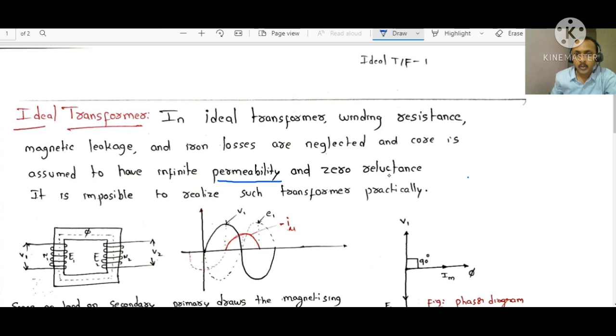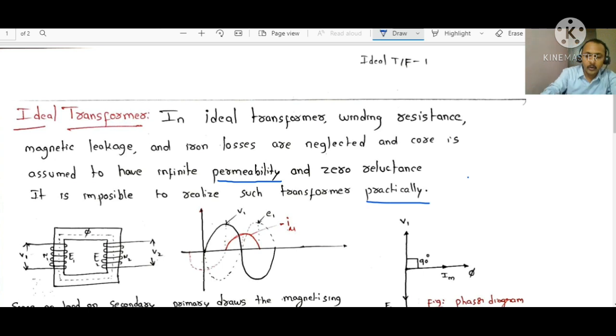Or in another way, to produce the same amount of flux, if the permeability is high, that can happen with a small amount of current. So here we will assume it is going to have infinite permeability and zero reluctance. Of course, the topic itself indicates ideal transformer. It is impossible to realize such a transformer practically.